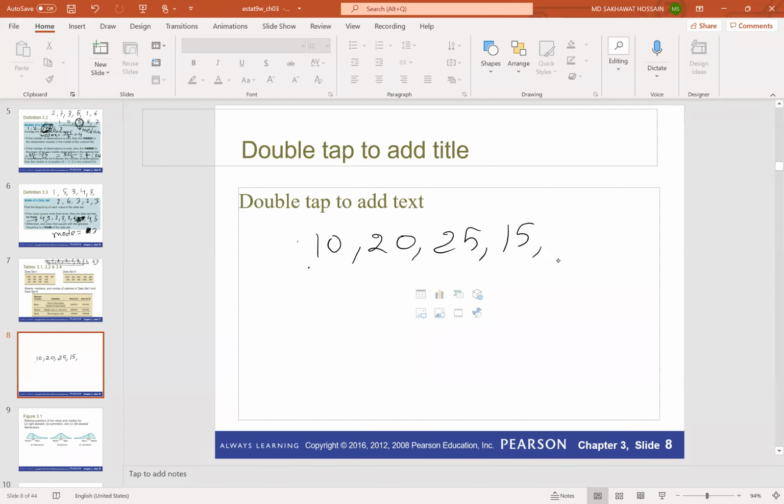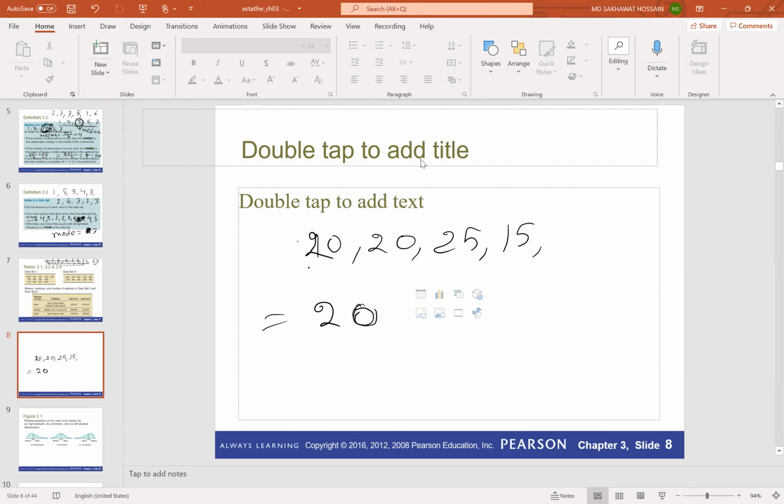So what is the average of these four numbers? 25 plus 15 is 40, or maybe this is also 20. Can anyone tell me what is the average of these four numbers? 20. Okay, so the average of these four numbers is 20.